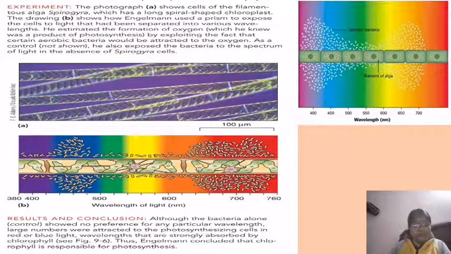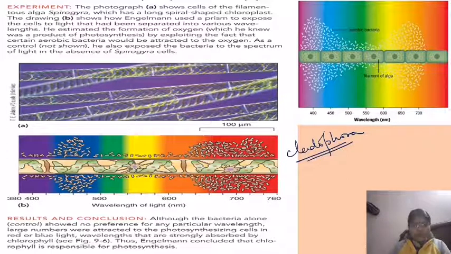So this was a very good experiment conducted by Engelmann. What he did was take aerobic bacteria and an alga called Cladophora. He did this experiment on Cladophora, as it is given in your NCERT.